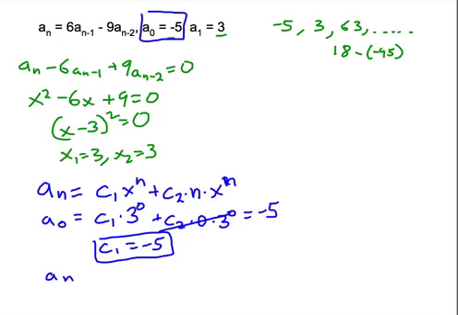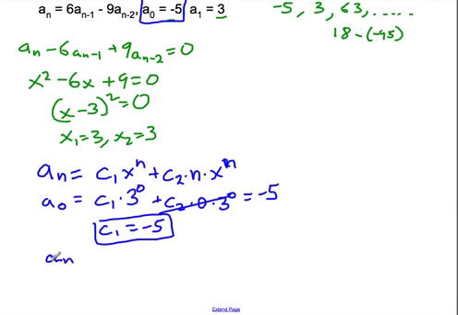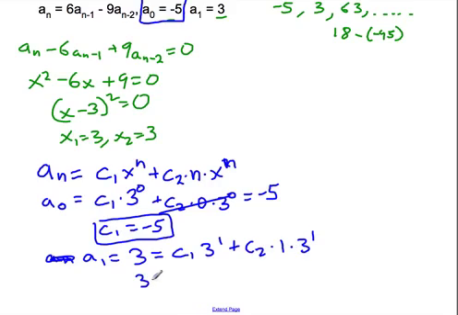And a sub 1 should be equal to 3, which is equal to c1 times 3 to the power of 1 plus c2 times 1 times 3 to the power of 1. So we have 3 equals 3c1 plus 3c2.